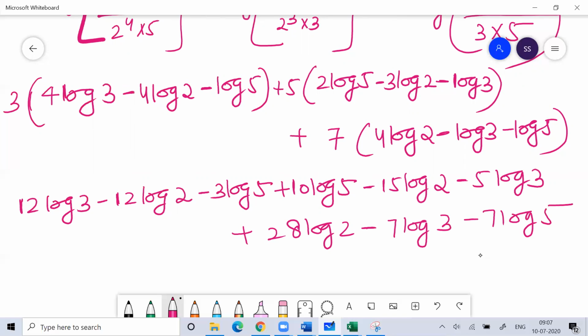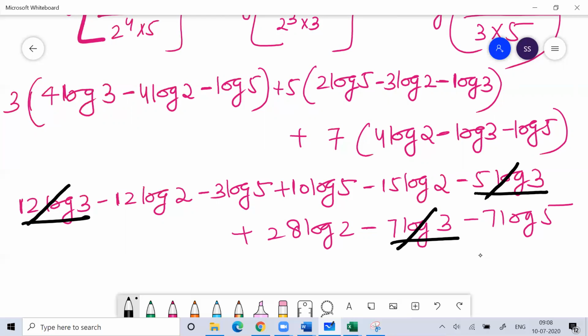Now I see 12 log 3 and minus 5 log 3: 12 minus 5 is 7, so 7 log 3 minus 7 log 3 will get cancelled.